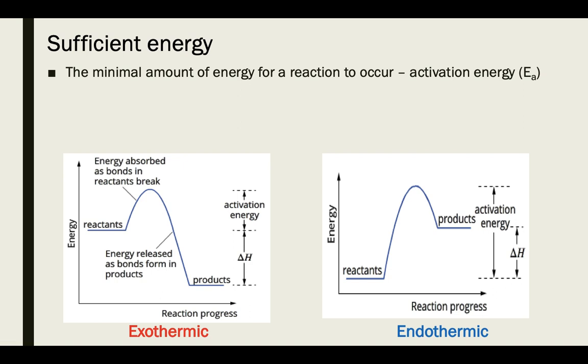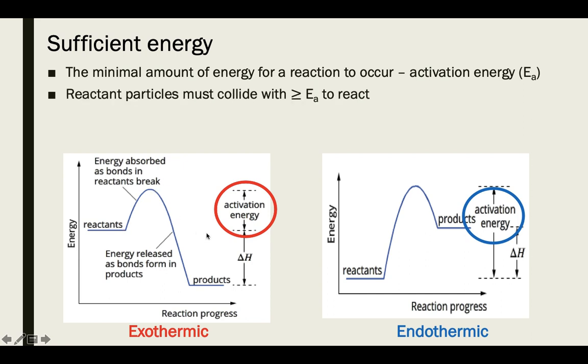So when we say particles must collide with sufficient energy, that means they must collide with the minimal amount of energy that is larger than or equal to activation energy for a reaction to occur. These two small bumps are the sufficient energy that particles must have for a reaction to go forward.